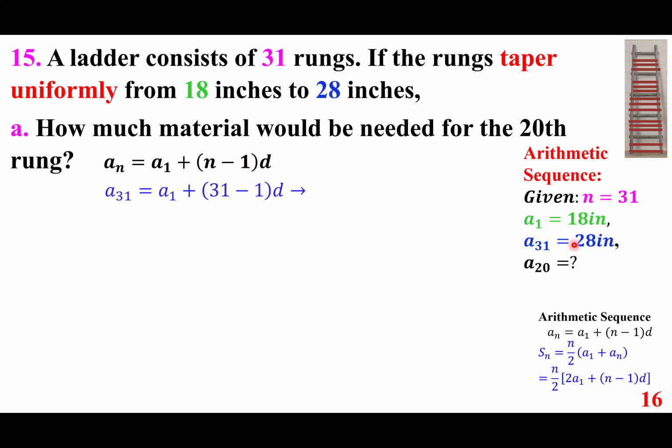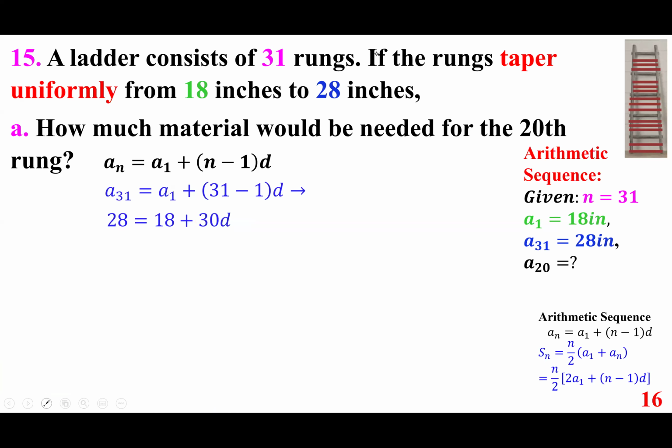A sub 31 is 28. A sub 1 is 18. 31 minus 1 is 30. So this is 28, this is 18, 31 minus 1 is 30.